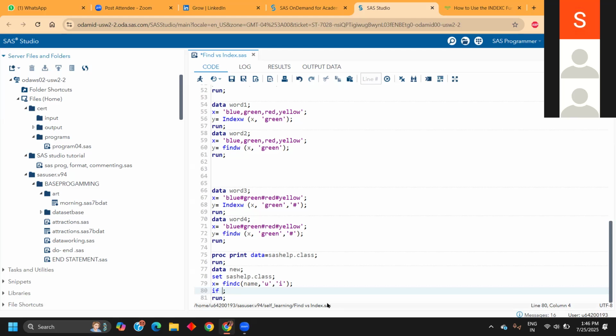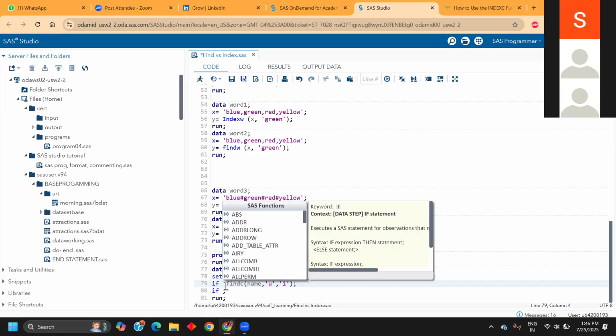Do one thing: copy this if, only the if, and paste it on x equal to. Control C, and paste here. Remove this x equal to.